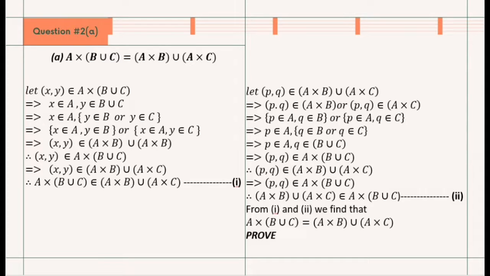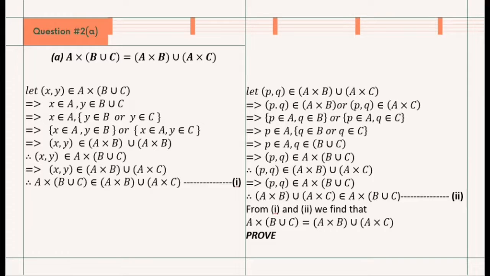Now this implies ordered pair (X, Y) belong to (A cross B) union (A cross C). Therefore, ordered pair (X, Y) belong to A cross (B union C) implies (X, Y) belong to (A cross B) union (A cross C).